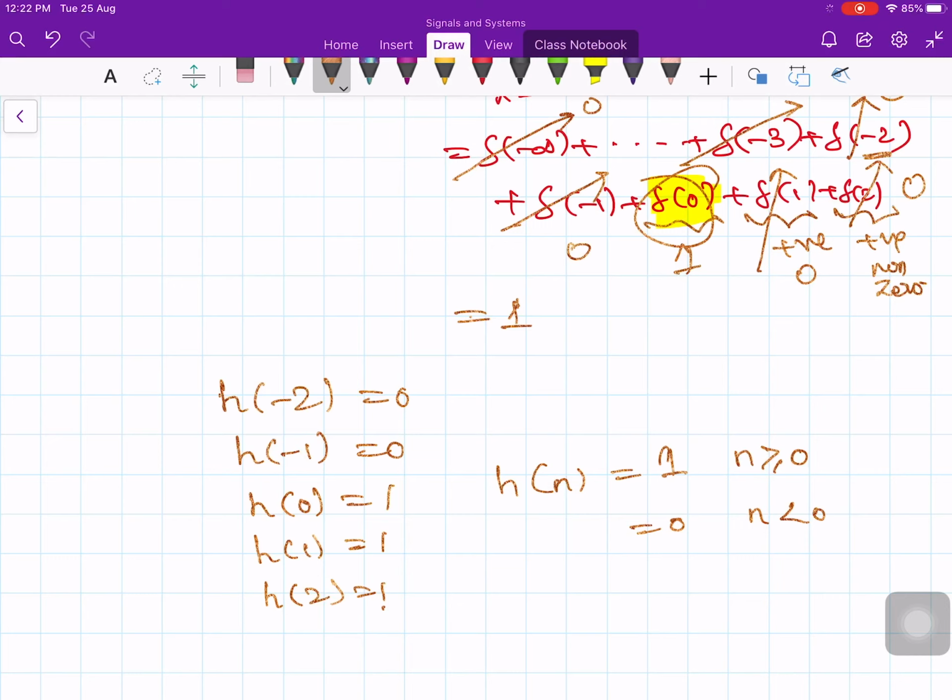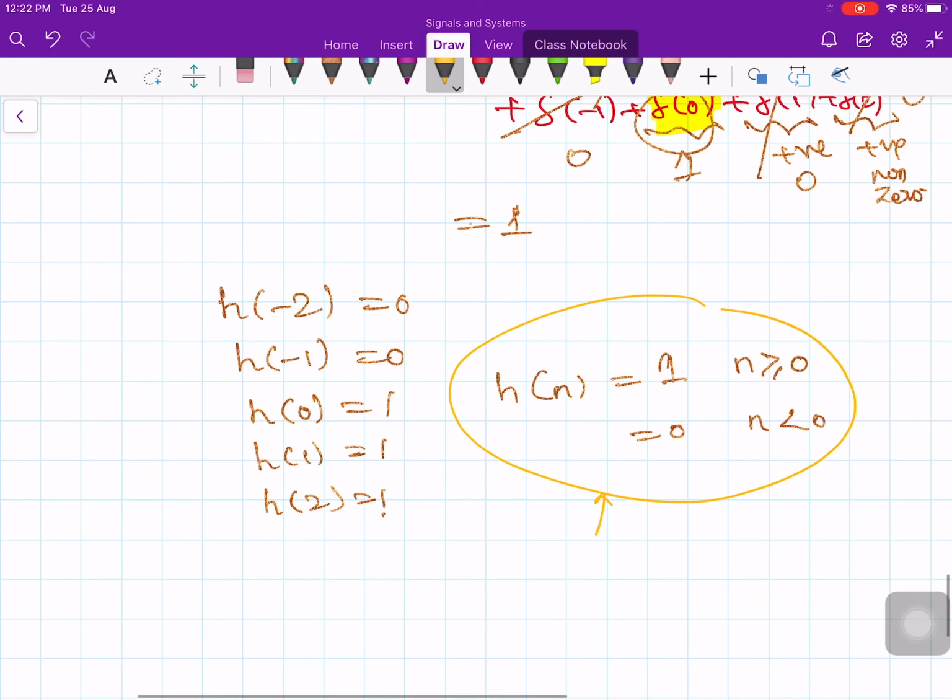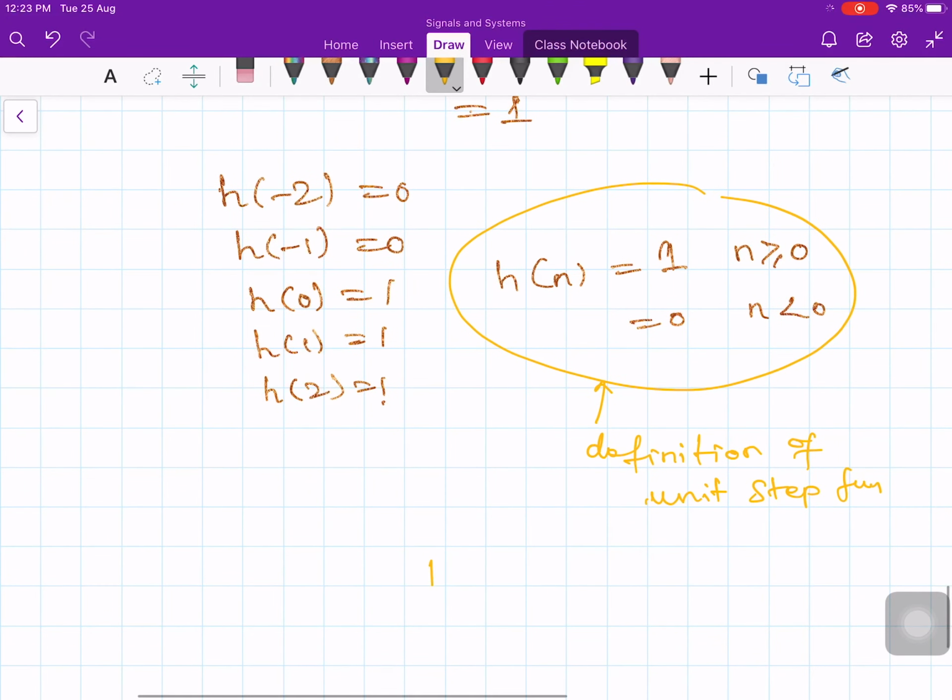Now don't you see from this definition that this is precisely the definition of the unit step function. Therefore h of n is equal to u of n. So this is the impulse response of the given accumulator.